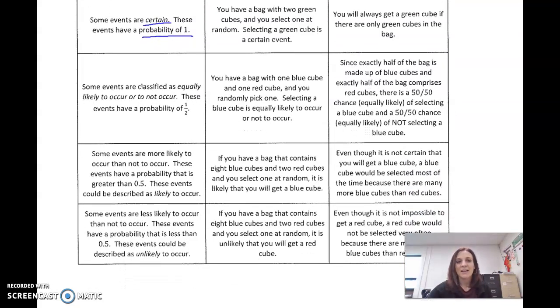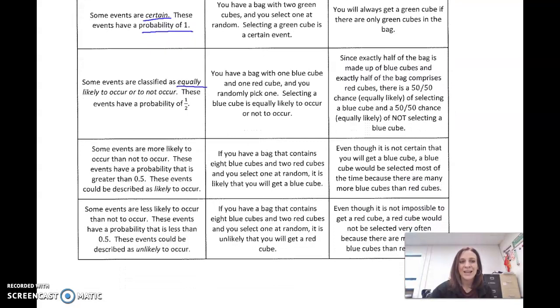Some events are classified as equally likely to occur or not to occur. They have a probability of a half. So if you have impossible and certain, equally likely to occur or not to occur falls halfway in between them. If you have a bag with 1 blue cube and 1 red cube, selecting a blue cube is equally likely.